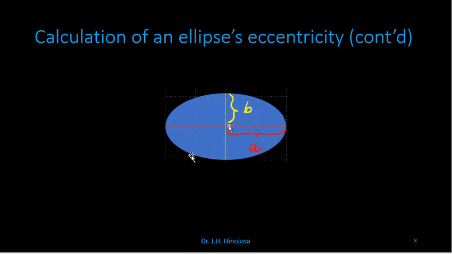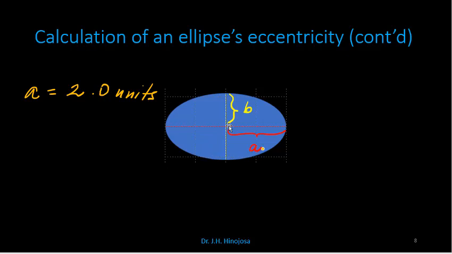So the major axis is 4 units long, and the semi-major axis, which is half of that, A, is only 2 units.